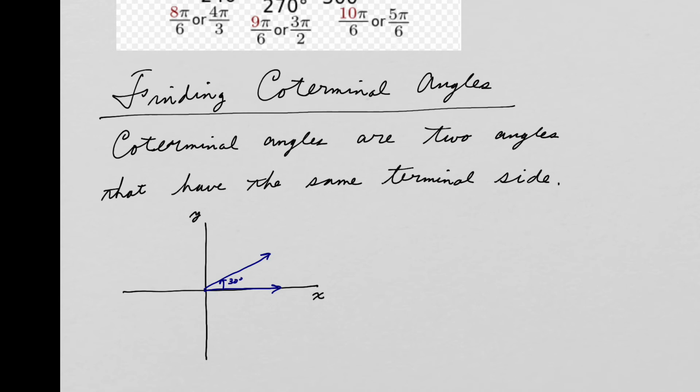But another way is I could go around once first and then go up to that terminal side. So that would be a coterminal angle. And what would the angle be? Well, in that case, it would be 360 plus 30, so that would be 390 degrees. So we would say that 30 degrees and 390 degrees are coterminal.